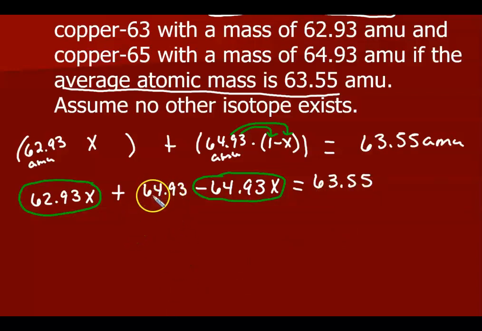So this one, without the x, is just going to come down. And if I combine those two that have x, 62.93 minus 64.93 is a negative 2x. I could even make it keep him green if you wanted me to. Let's do that. Those are the guys with x.